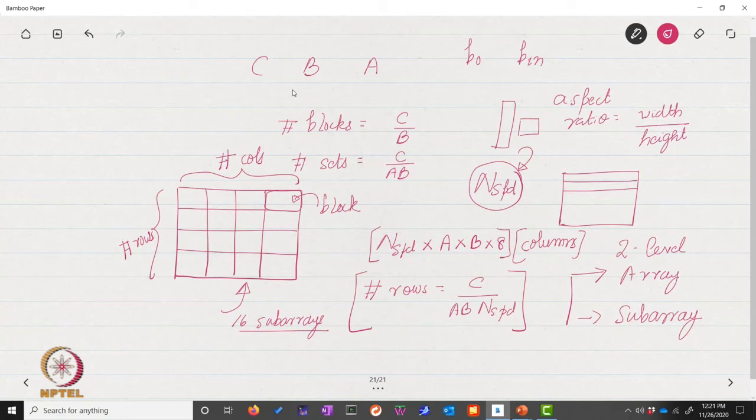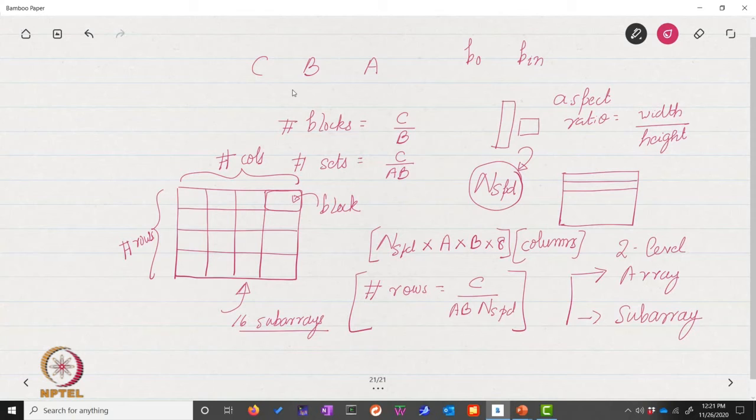Then there is absolutely no problem. We are essentially breaking a big cache, this big SRAM array, into these 16 mini arrays, so to speak, where each one of them is called a subarray and contains a block.